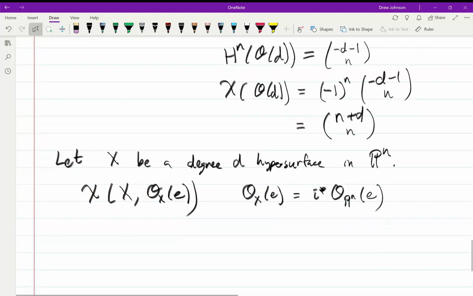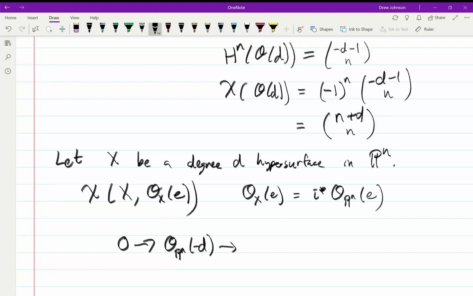Okay, now there is an exact sequence here for X. So the ideal sheaf of X is just O(-d).